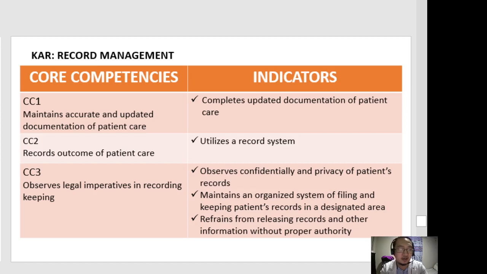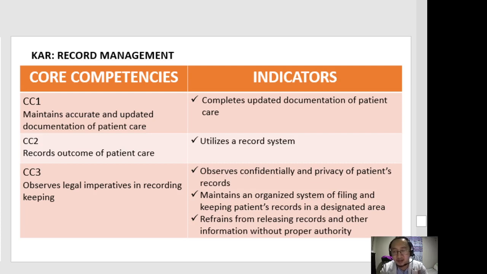For example, during this pandemic, we see or read in the mass media that names are not released unless they openly publicize that they are a COVID patient.